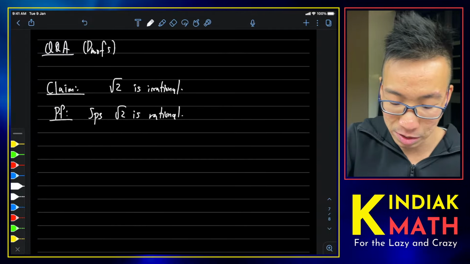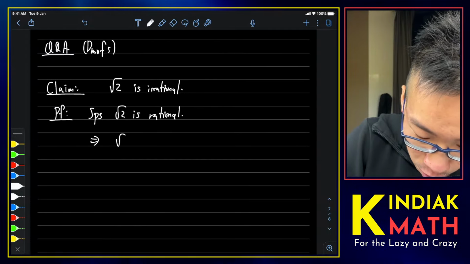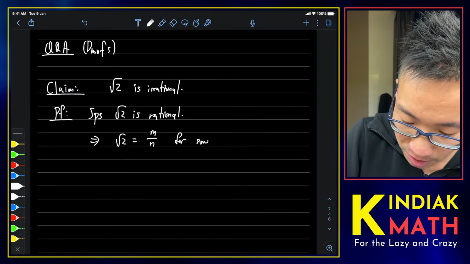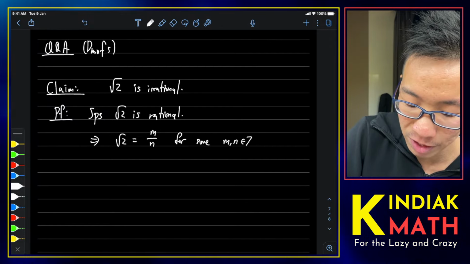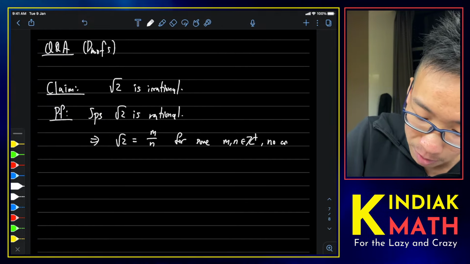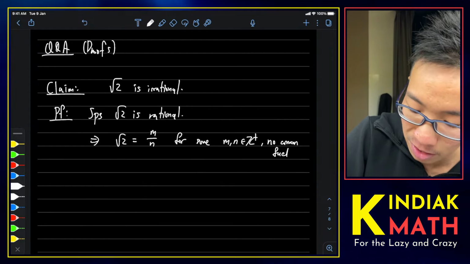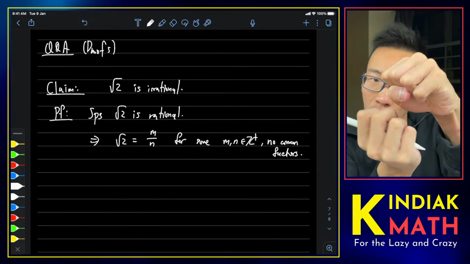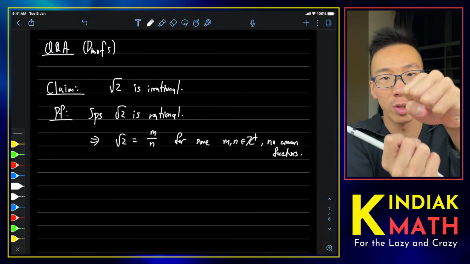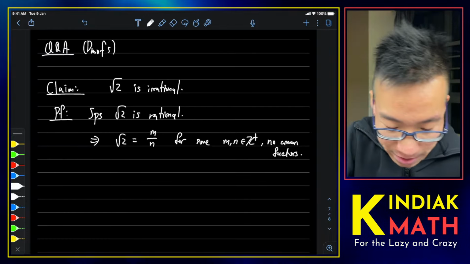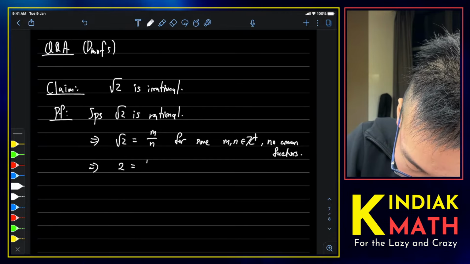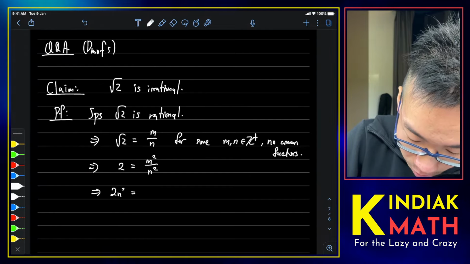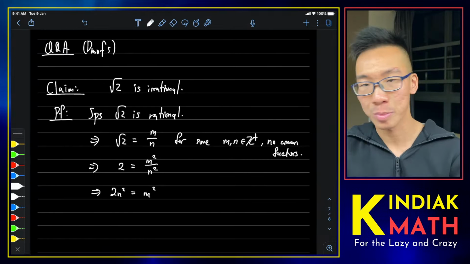We know that if root 2 is rational, then root 2 can be written as m over n for some positive integers with no common factors, because you can always reduce a fraction down to its core two integers. You can square this number and obtain 2n squared equal to m squared, right?